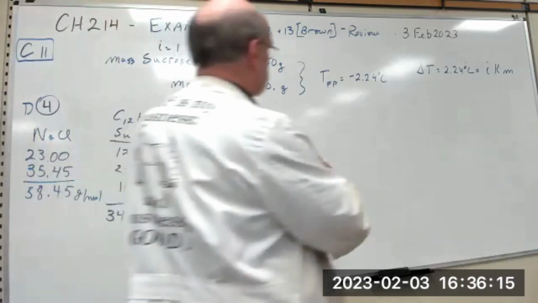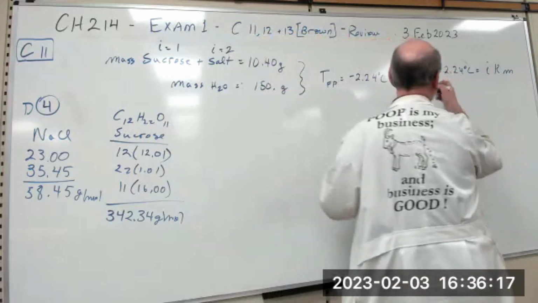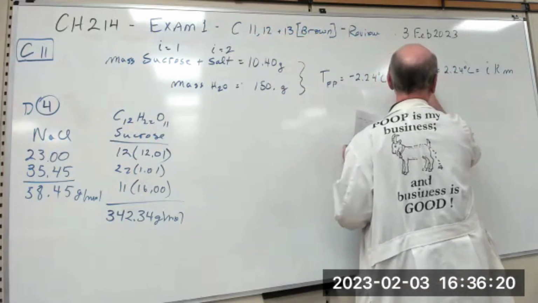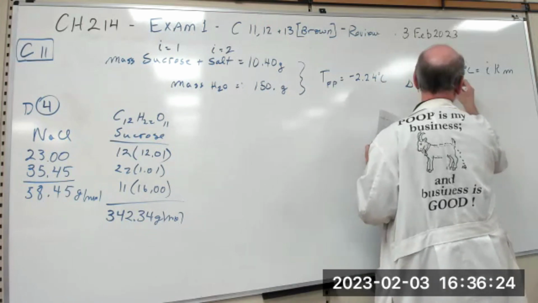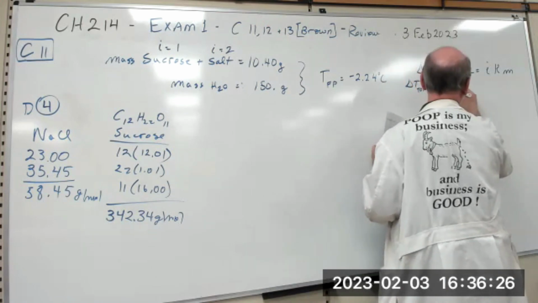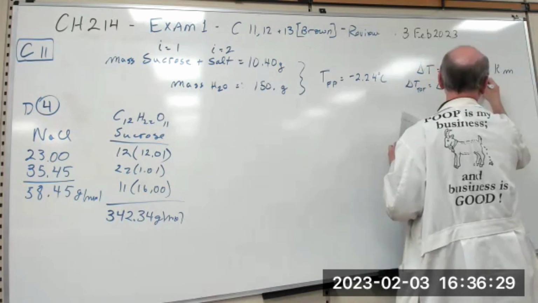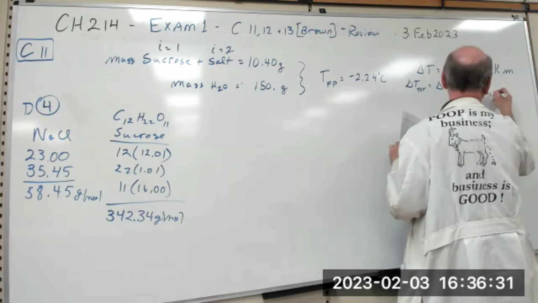So this change in temperature, the total change in temperature, is due to the change in temperature for sodium chloride plus the change in temperature for sucrose.